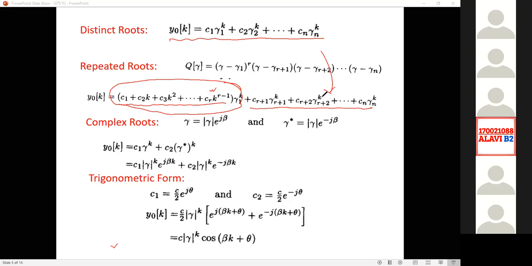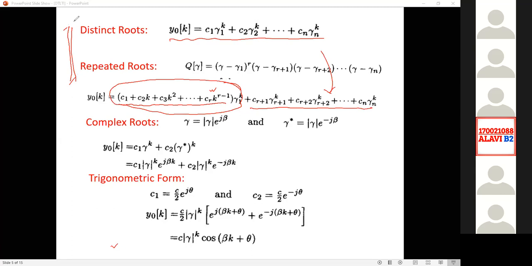Now, once this solution is with us, then again you need your initial values to find the constants. These two situations are actually enough to solve for y[n], the natural response or your ZSR.